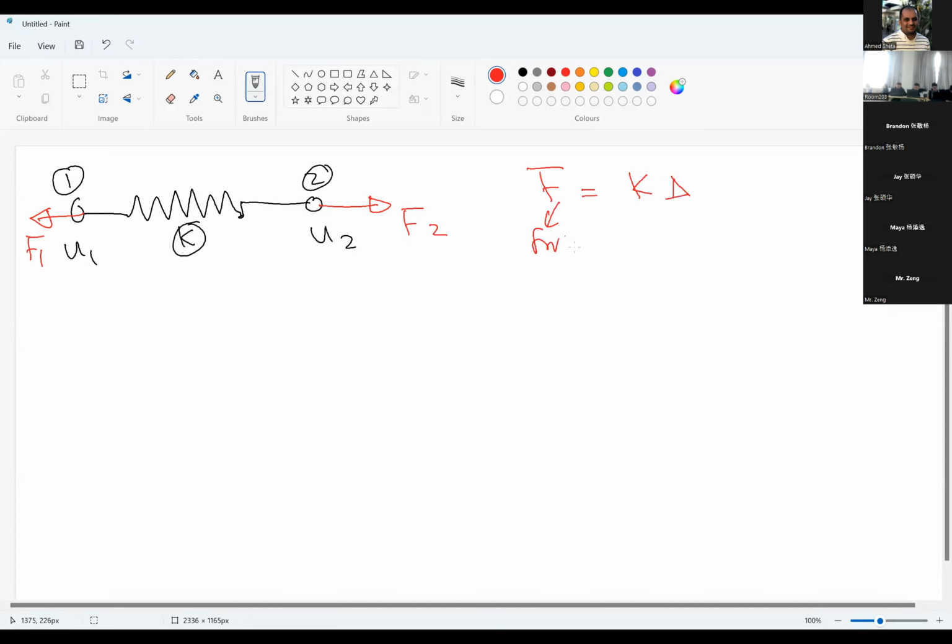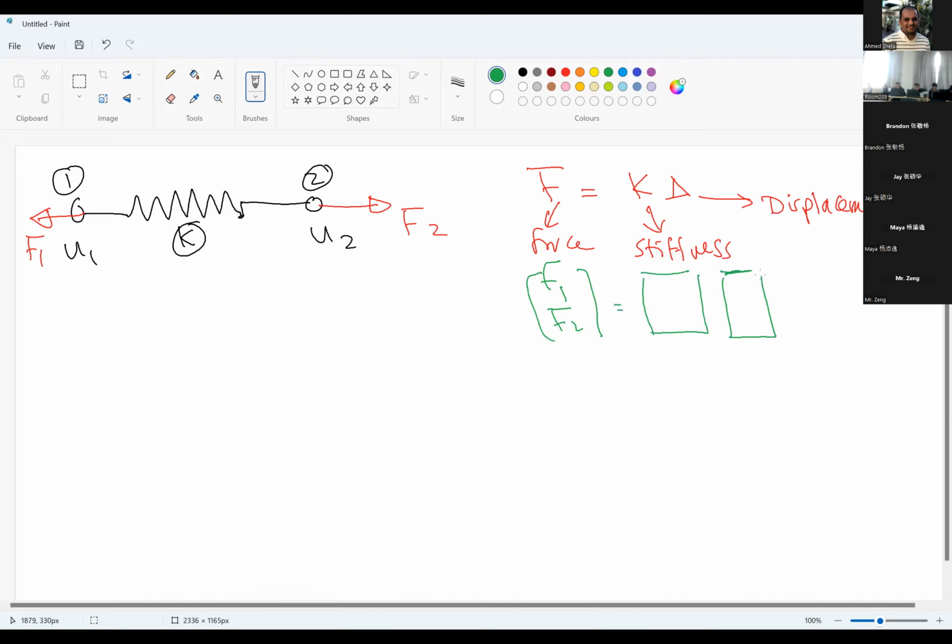F is the force, K is the stiffness matrix we are looking for, and delta is the displacement. Here we know that F is F1 and F2. We don't know K. Delta is U1 and U2.